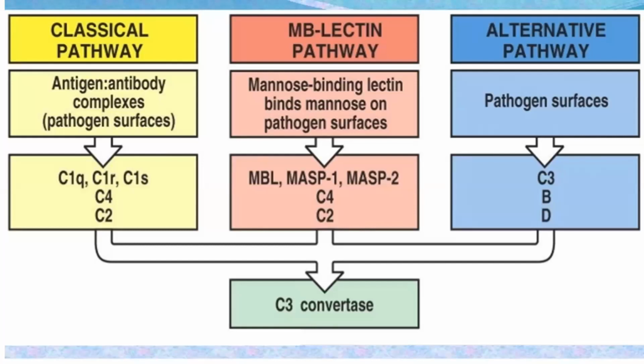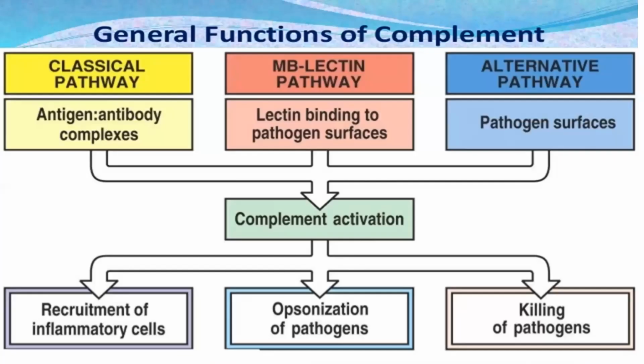The MBL pathway, in which mannose-binding lectin binds mannose on the surface of the pathogens, and they have two enzymes in line, MASP1 and MASP2. And the second one was the alternate pathway, in which the pathogen surfaces take part. C3B, factor D, and factor B take part in these enzymes and form the C3 convertase enzyme. Ultimately MAC is formed, which is known as the membrane attack complex.